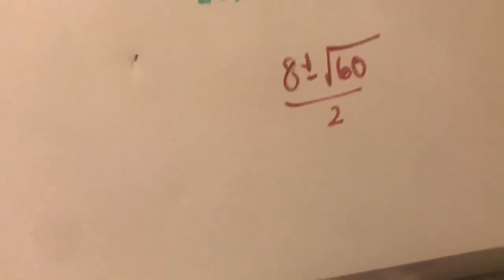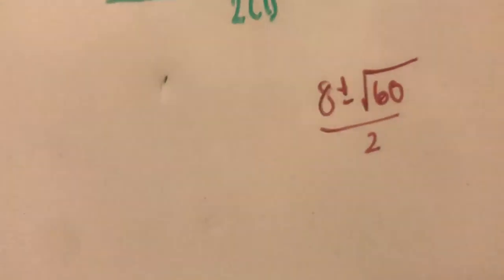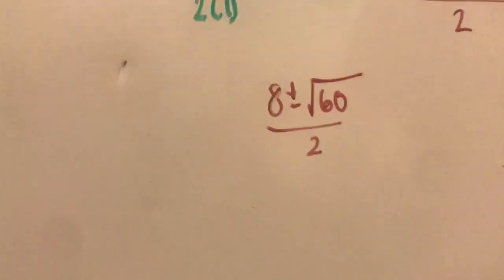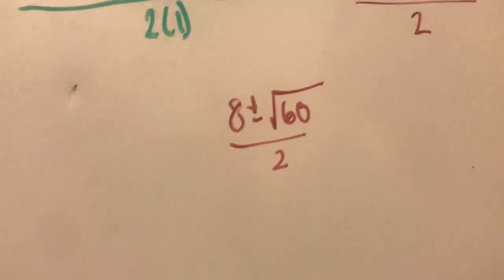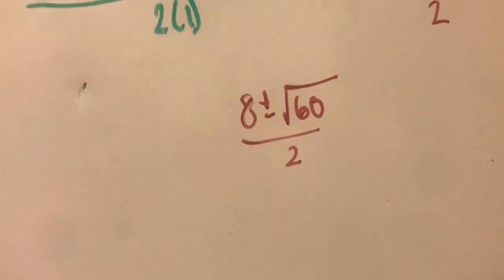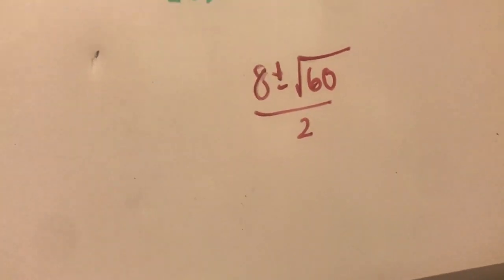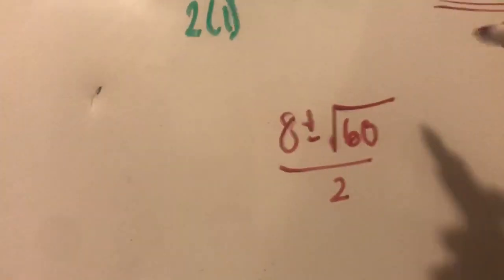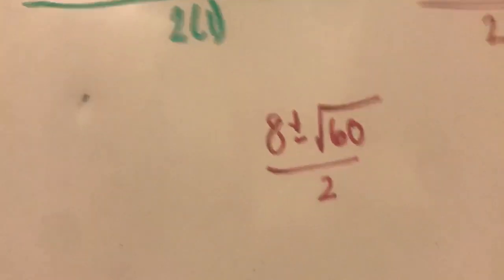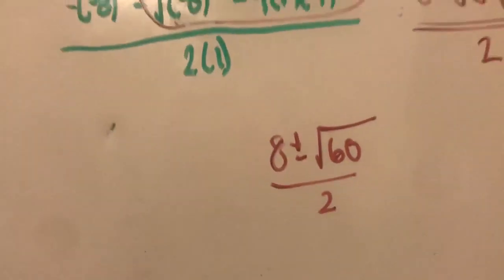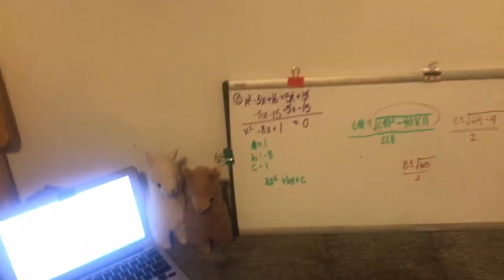Okay? Now I want you guys to notice my directions for C said solve with the quadratic formula, express your answer to the nearest tenth. So I don't even want you guys to stress yourself out by trying to simplify this in simplest radical form. At this point, I would go straight to your calculator, which, let me get mine.